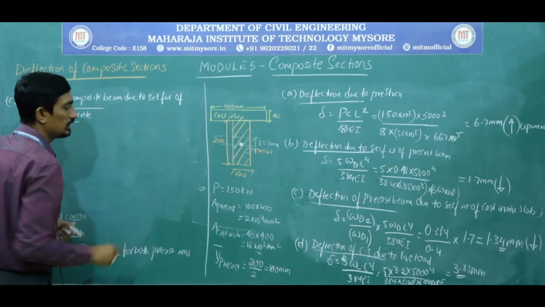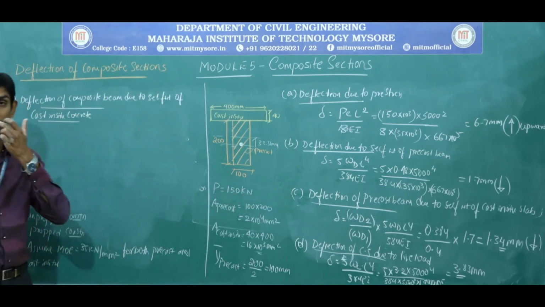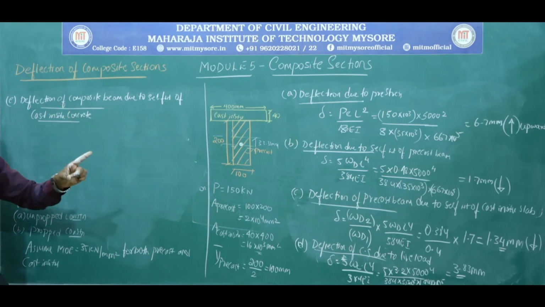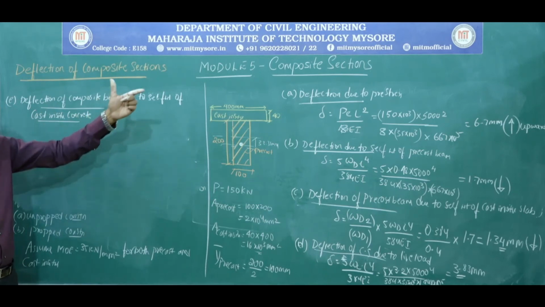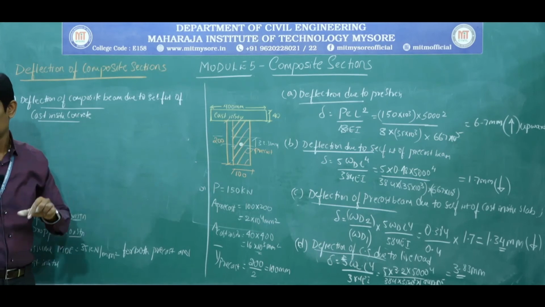So this is for the propped case and this is for the unpropped case. That is the only change. So C and E will get altered. C is for unpropped and E is for propped, and the rest of the things will remain the same. No change. Did you get my point?